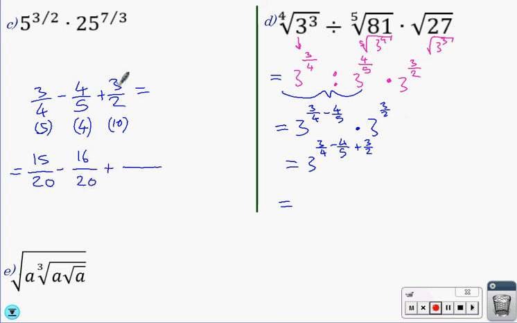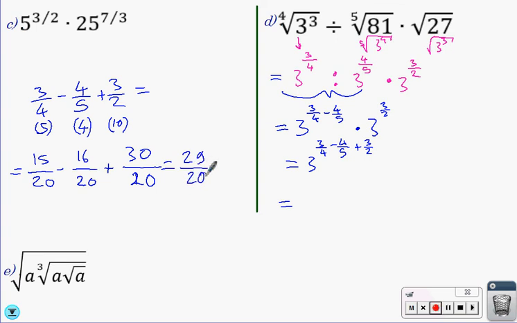Between them plus 10 times 3, 30, 10 times 2, 20. So right now all the denominators are the same, so I can add the upper parts. Firstly, 30 positive, 15 is positive. 30 plus 15, 45. Minus 16, 45 minus 16. 45 minus 15 is 30. Minus one more, 29.